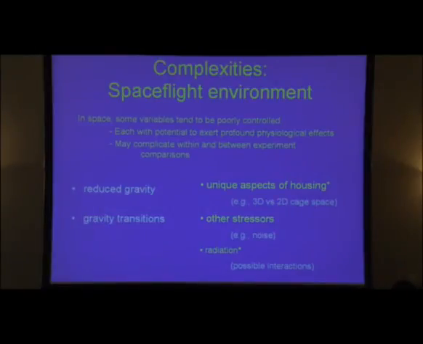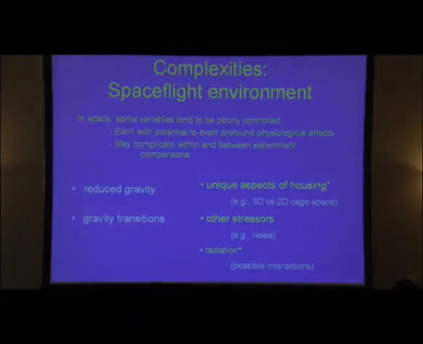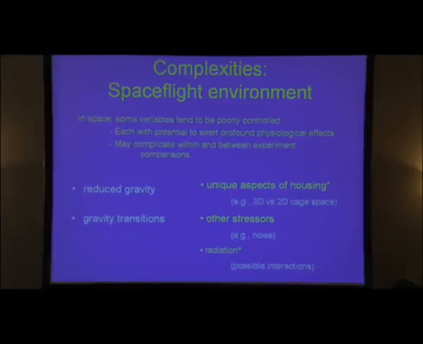Each of these variables has the potential to profoundly affect the function of a multicellular organism, and yet we don't know how important that is until it's tested or looked at in the context of other studies. The other aspect of these poorly controlled variables is that they can complicate between and within experiment comparisons. So we have to interpret previous results with great care.